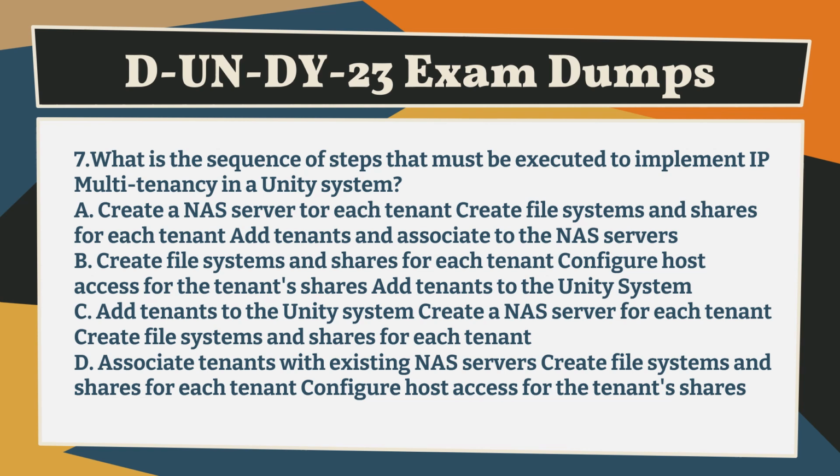C. Add tenants to the Unity system, create a NAS server for each tenant, create file systems and shares for each tenant. D. Associate tenants with existing NAS servers, create file systems and shares for each tenant, configure host access for the tenant's shares.